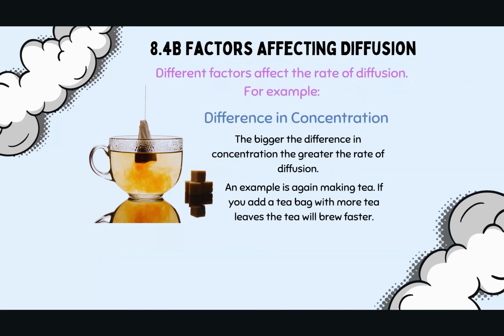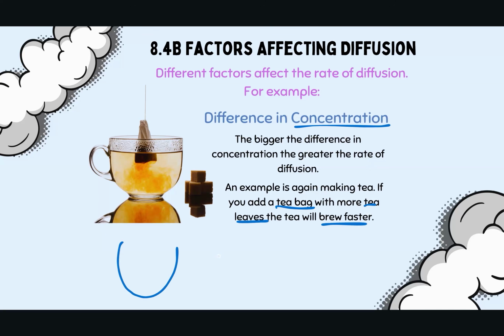Another factor that affects the rate of diffusion is concentration. So if you use the example of making tea again, if you add a tea bag that's got more tea leaves inside it, it will brew faster.